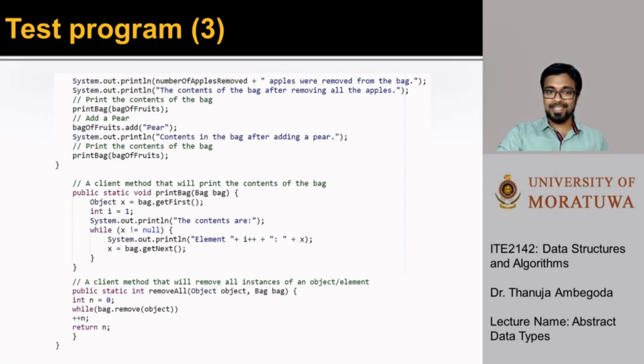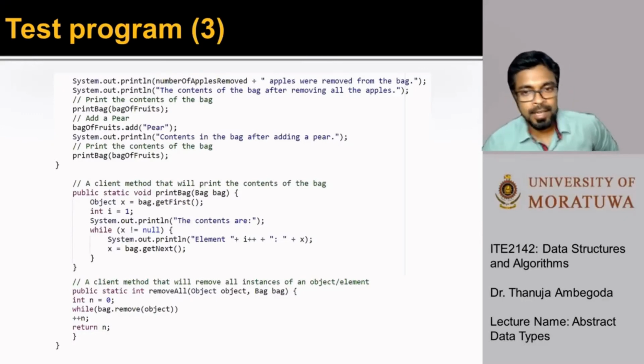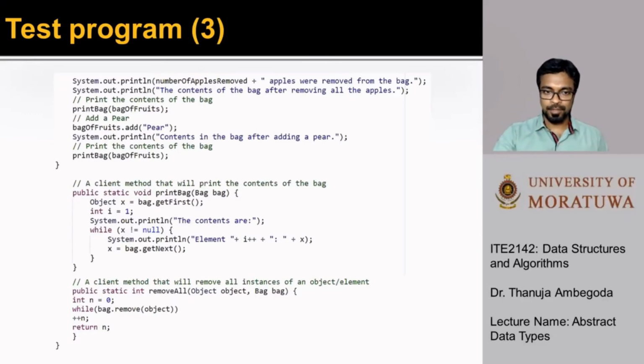And then we are still in the while loop because it returned true before, but there are no more apples. Then when you call remove(apple) again, it returns false because you cannot remove an apple when there are no more apples. In that case, you exit from the while loop and you return n, which, for example, was 2 in the example I mentioned.